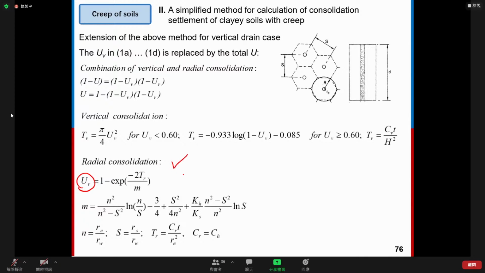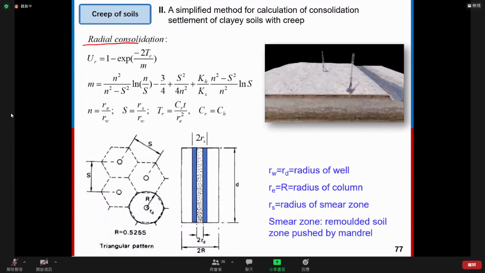For radial consolidation, we discussed with you using the chart method, the design chart method to determine UR from TR. But here we present a more mathematical way to calculate the UR from TR, also considering the effect of the so-called smear zone.